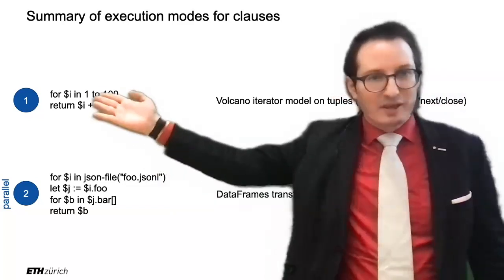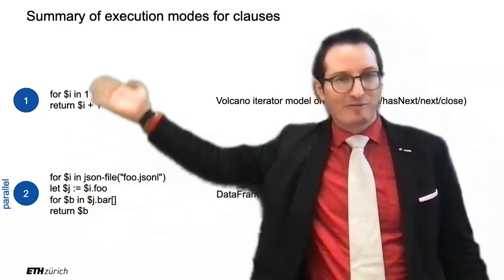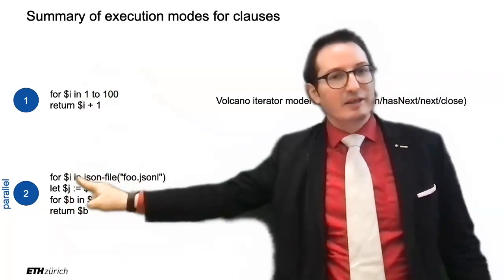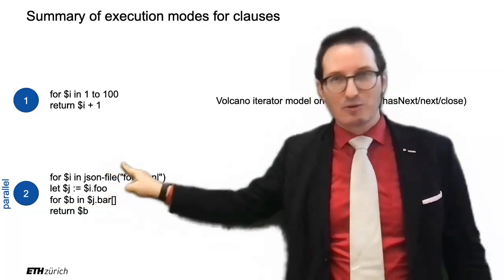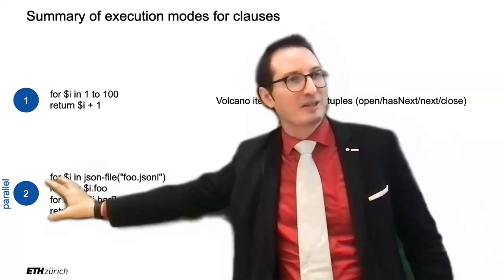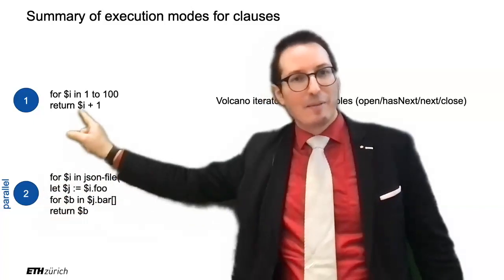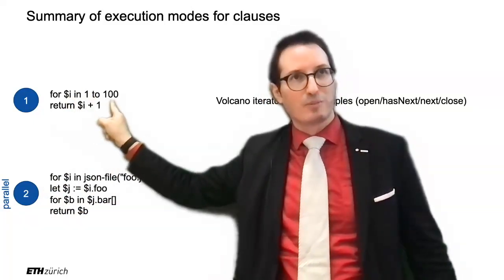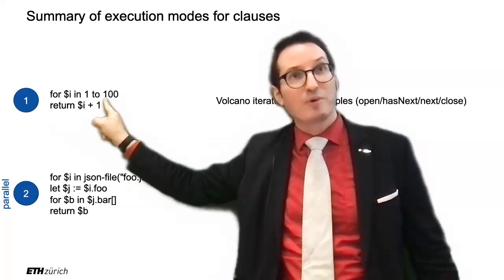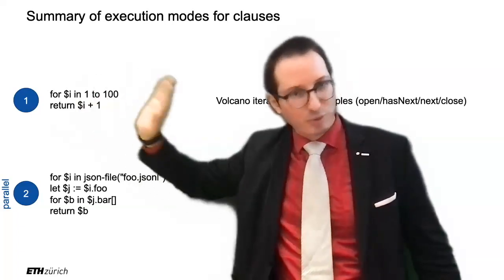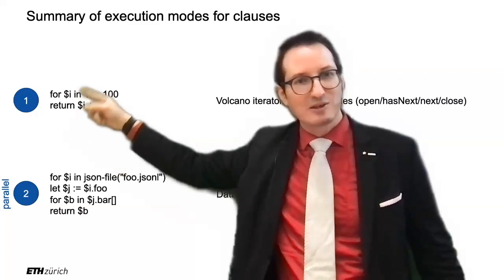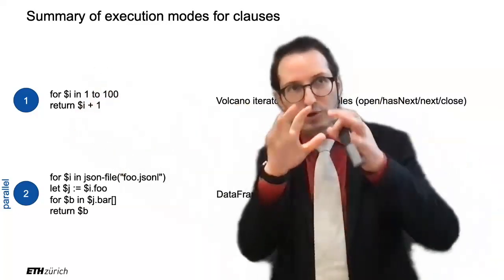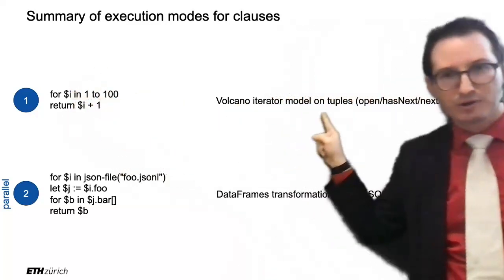So basically, if you have FLWOR expressions, if you're reading from a very large file with billions of values, you're going to be using data frames and the power of Spark. But in some cases, you might have a for loop on a ridiculously small number of values. RumbleDB will see it and say, okay, now that would be ridiculous to use Spark. So in that case, it just iterates locally on just one CPU on your machine, right?